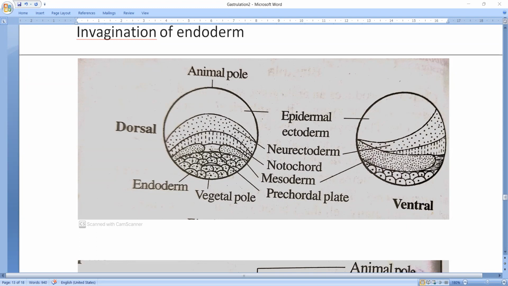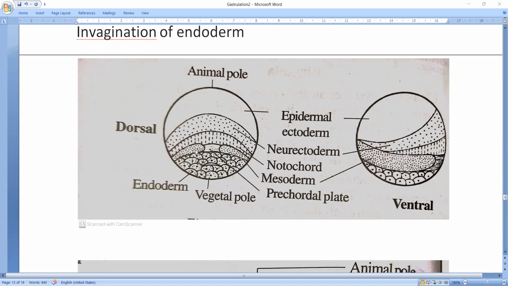Then the precaudal plate. And these two are the mesodermal plate or area. So in the blastula stage itself, the future, this one will become the endoderm.